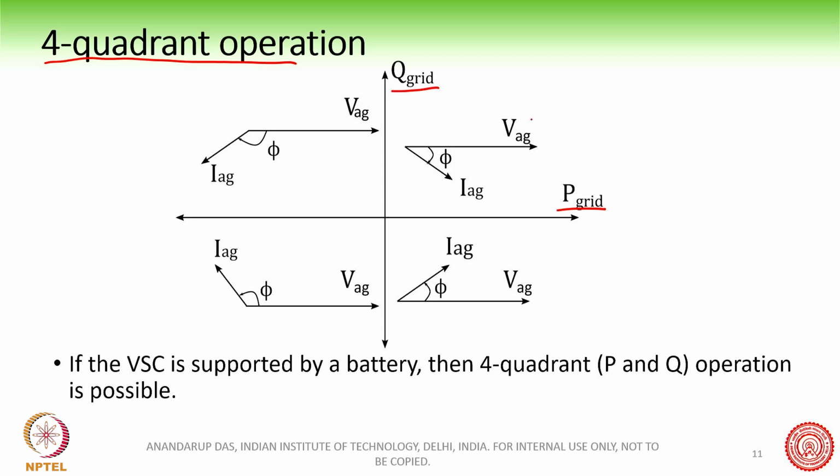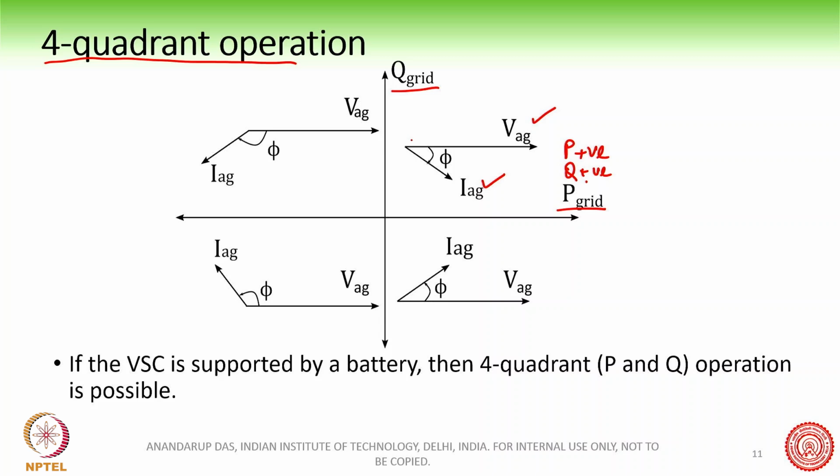So for example, here VAG and IAG, these are lagging, and then you can say this is the VI star. If you do the VI star, then here P is positive and Q is positive.